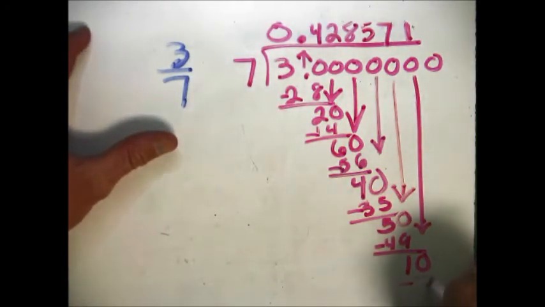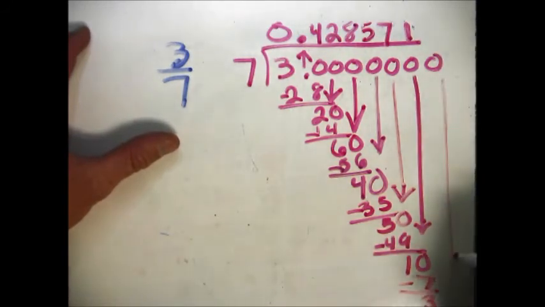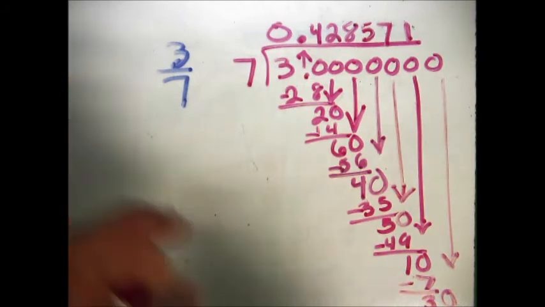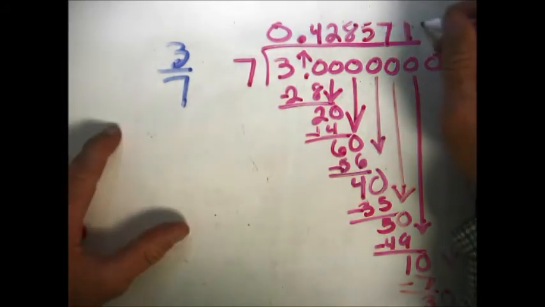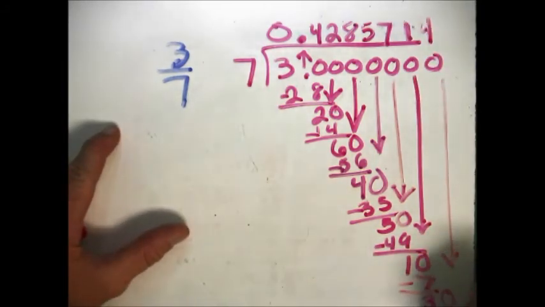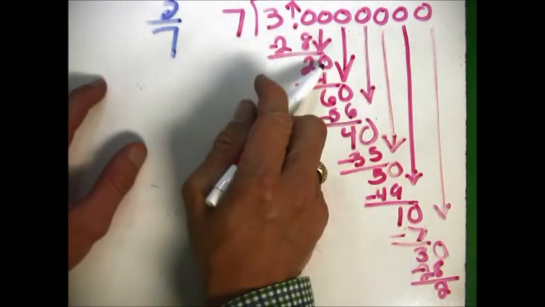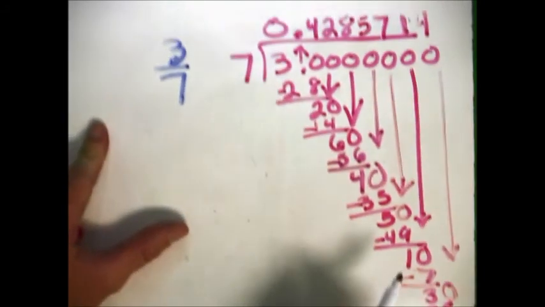Subtract, 3. Bring down your 0. If you notice here, it's going to start to repeat. 7 goes into 30 4 times. 28. You have 2 left over. And if you notice, you'd bring down a 0 and it starts to do the same thing.